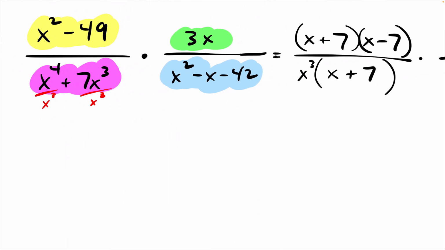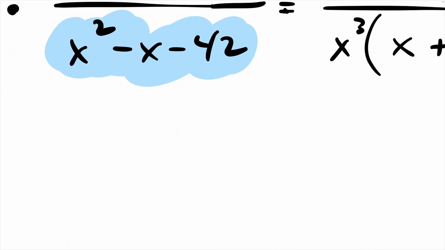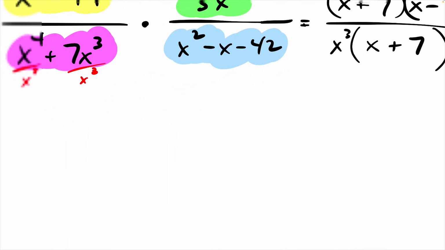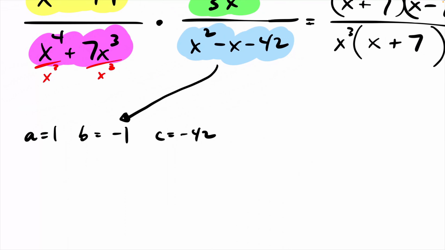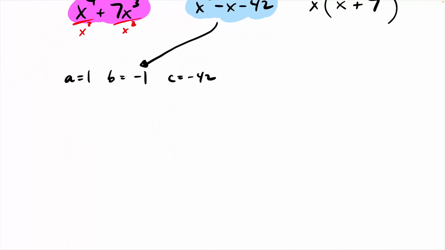Is blue a monomial, binomial, or trinomial? Trinomial. Okay, so I have steps there, right? First step is, is there a GCF? No. Second step, ABC. So I'm going to do that over here. A is 1, B is -1, C is -42. So multiplies to be -42 and adds to be -1.